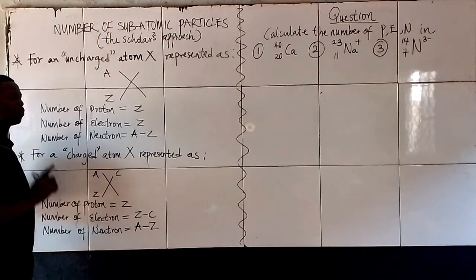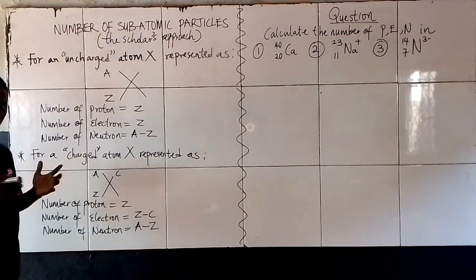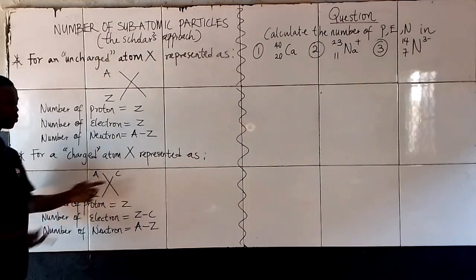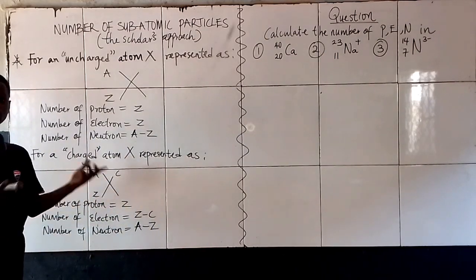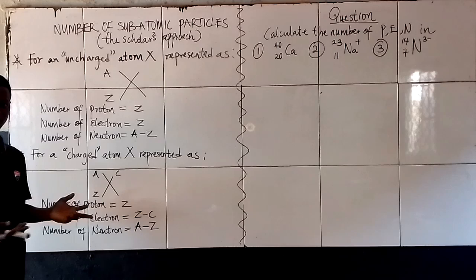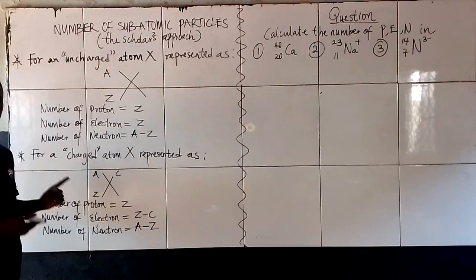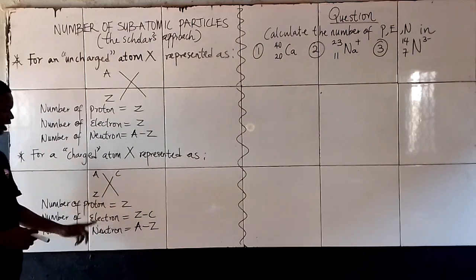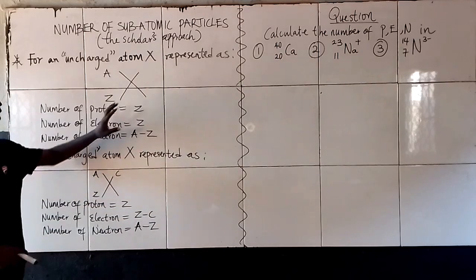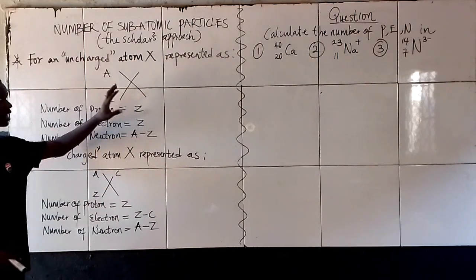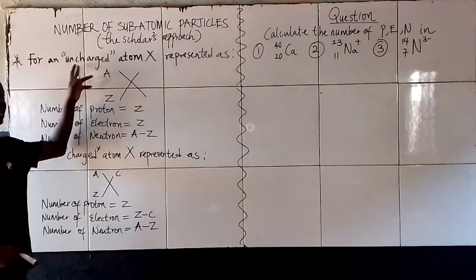Now that aside, what if by chance the atom that was given to us was carrying a charge? We call it C, a charge. It could be a positive charge, it could be a negative charge, or whatever magnitude. How do you now get the number of protons, electrons, and neutrons? The formula will quite differ from that of an uncharged atom.